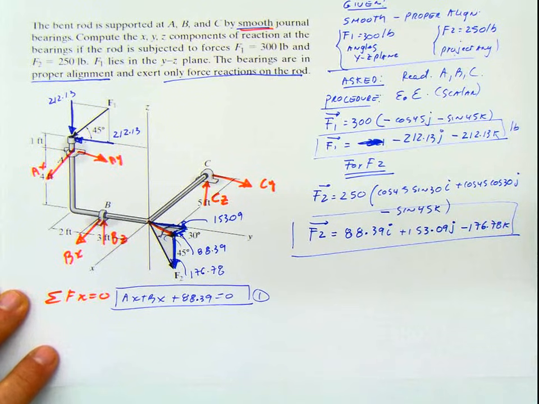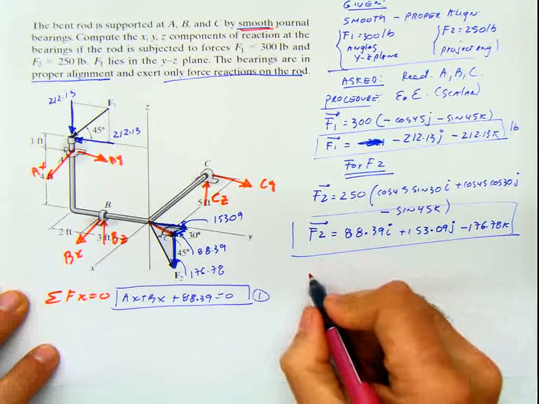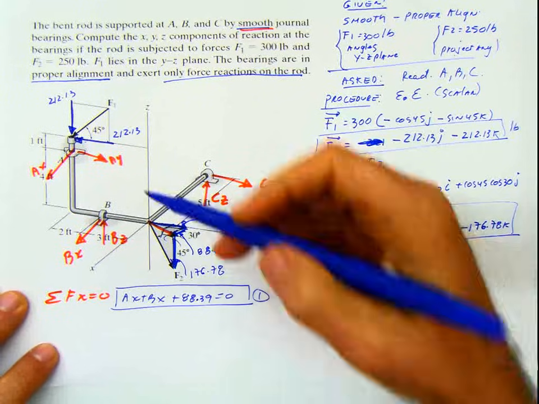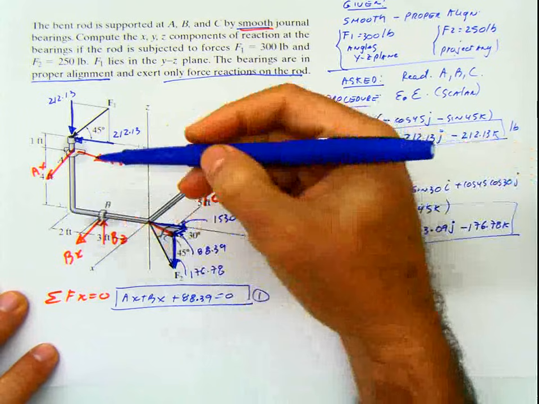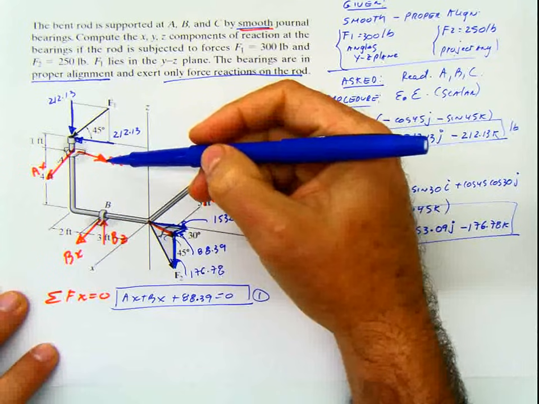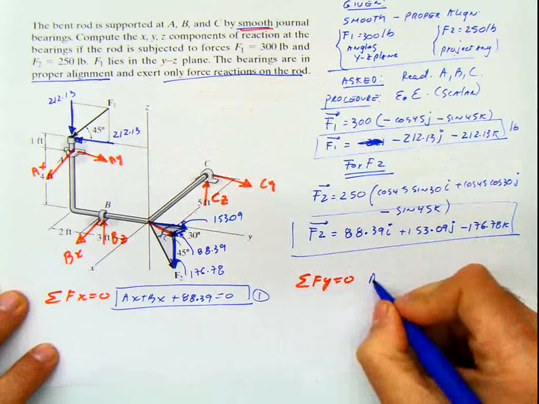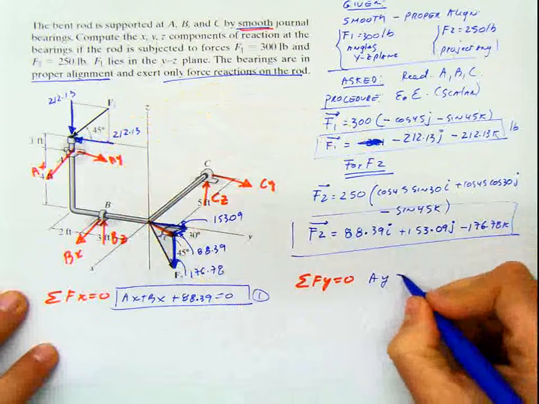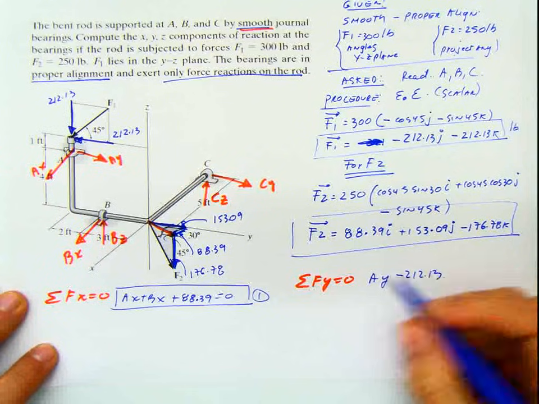Secondly, summation of forces in Y equals 0. What do we have in Y? Y is this direction. I have AY here. I have this force going in that direction, which is negative 212.13.